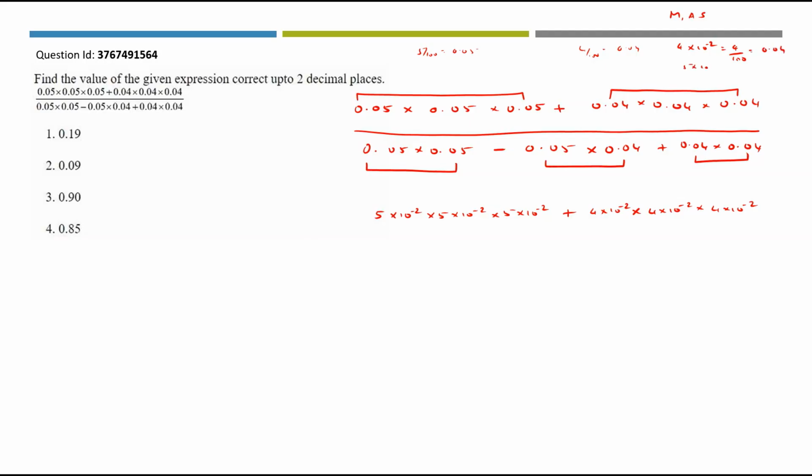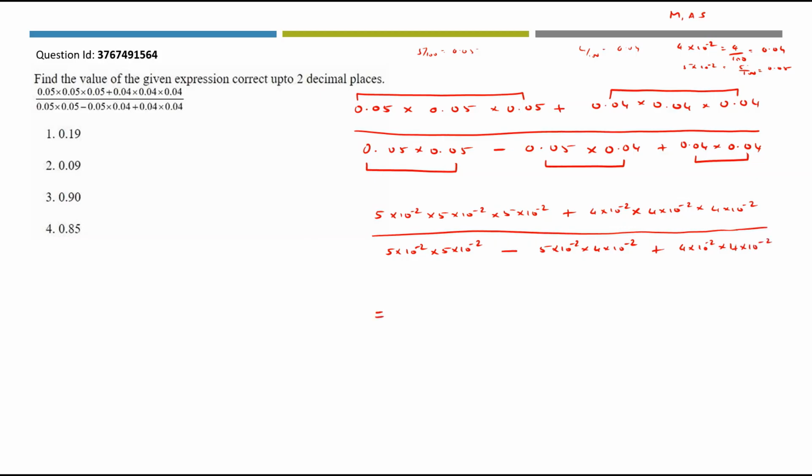Similarly, 5 into 10 to the power minus 2 will be 5 by 100, which is equal to 0.05. Divided by 5 into 10 to the power minus 2 into 5 into 10 to the power minus 2, minus 5 into 10 to the power minus 2 into 4 into 10 to the power minus 2, plus 4 into 10 to the power minus 2 into 4 into 10 to the power minus 2.